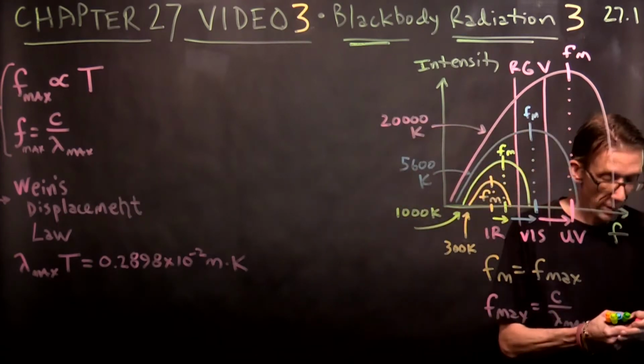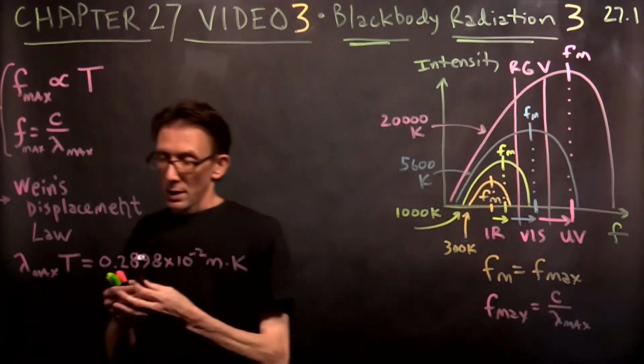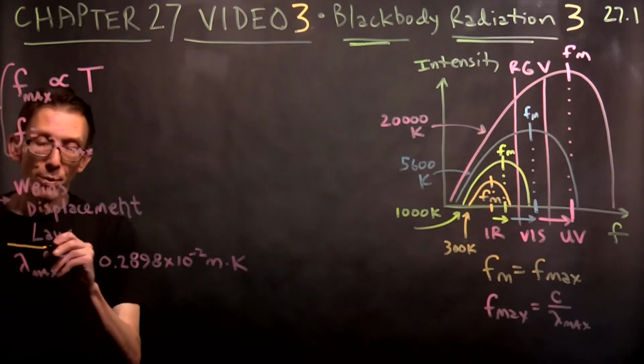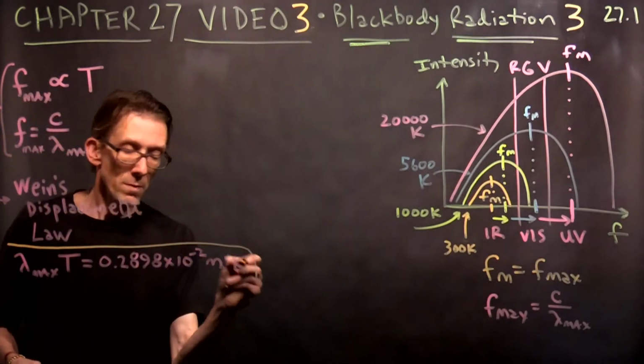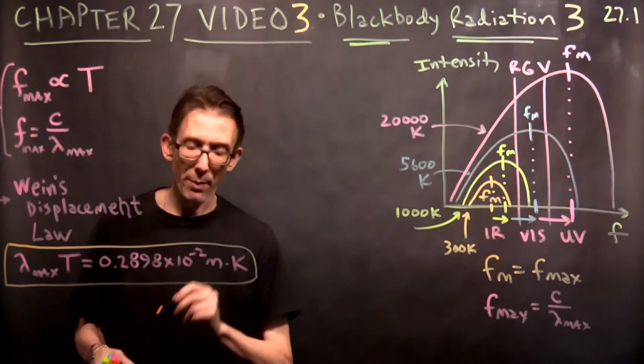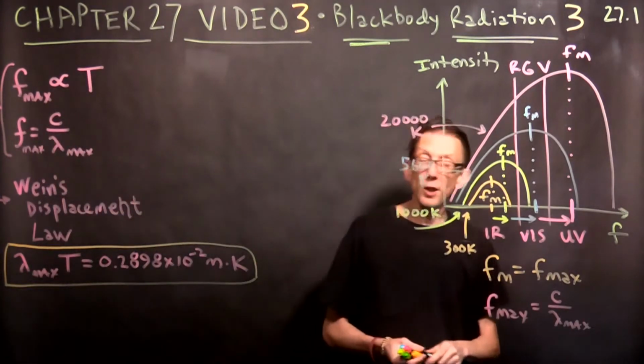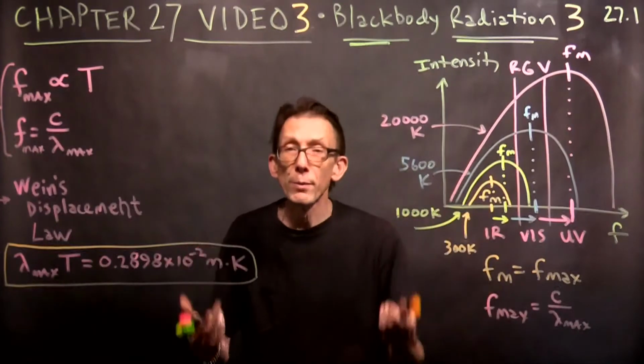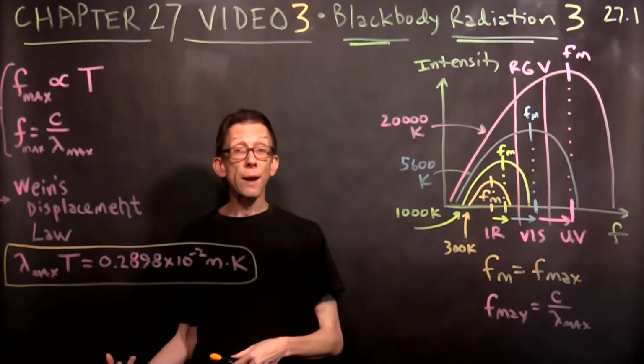Let me put a little box around that. Wien's Displacement Law. Listen to that marker sing. So basically, if I give you a temperature, you can give me an average wavelength.